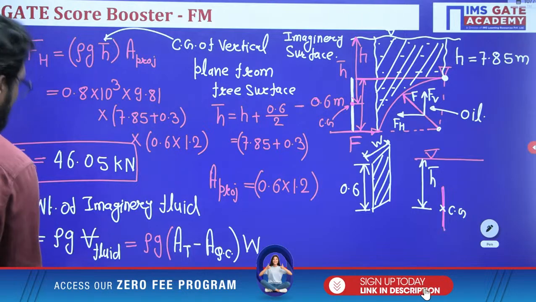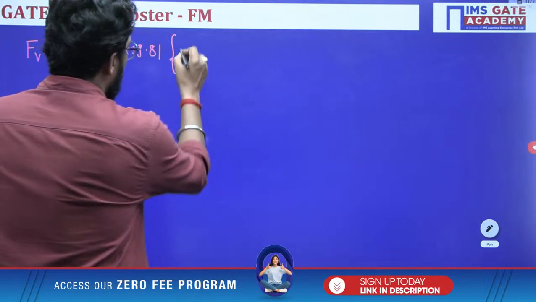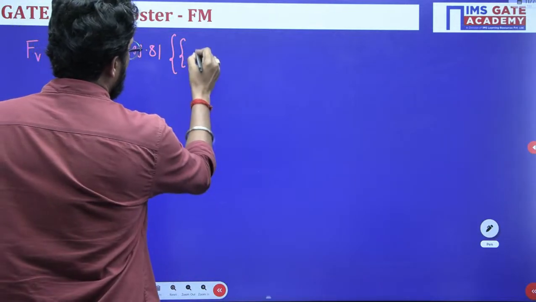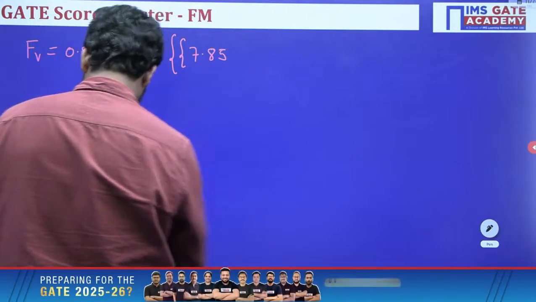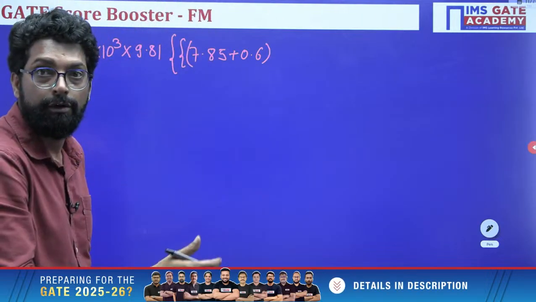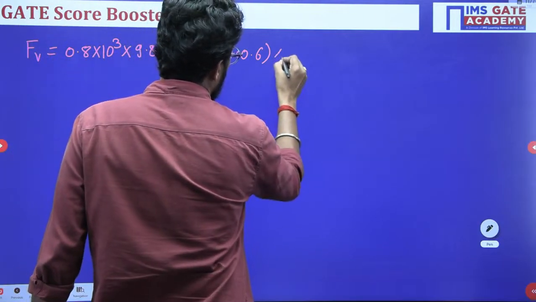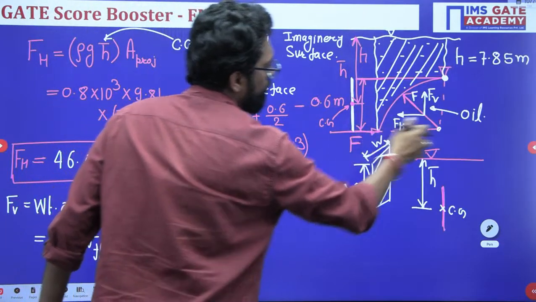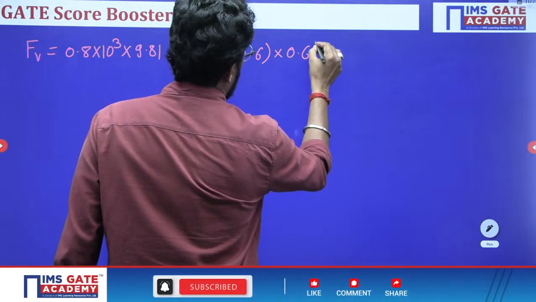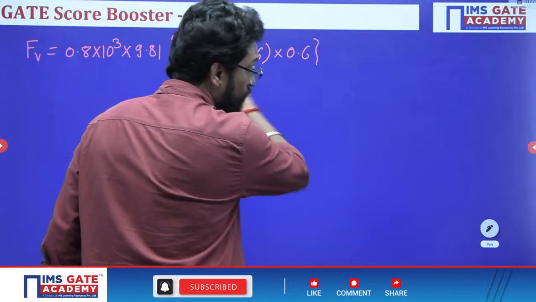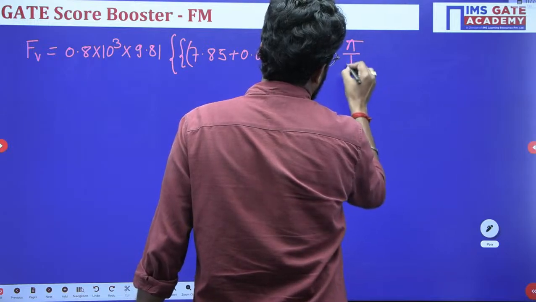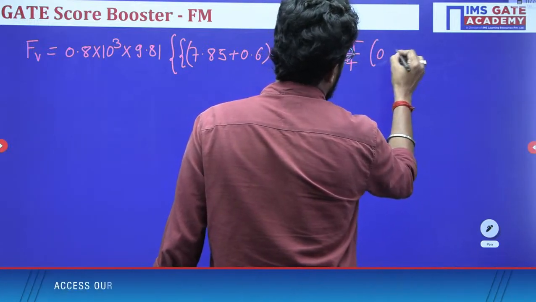So what is the total area? 7.85 plus 0.6, this is the total height, into the total width, which is 0.6. Now this is your total area minus the area of the quarter circle, pi by 4 r square, with r equal to 0.6, whole square.